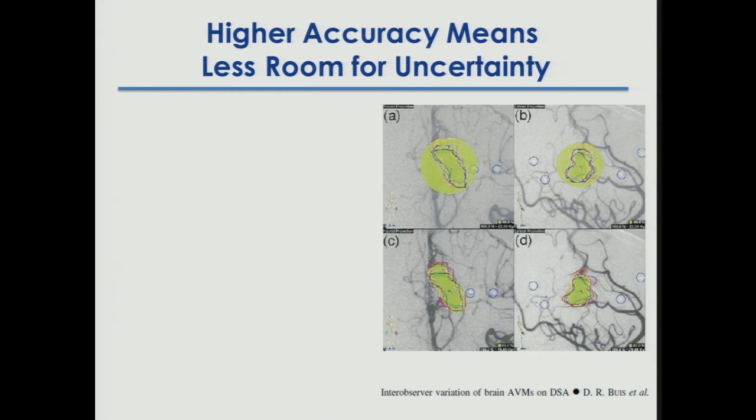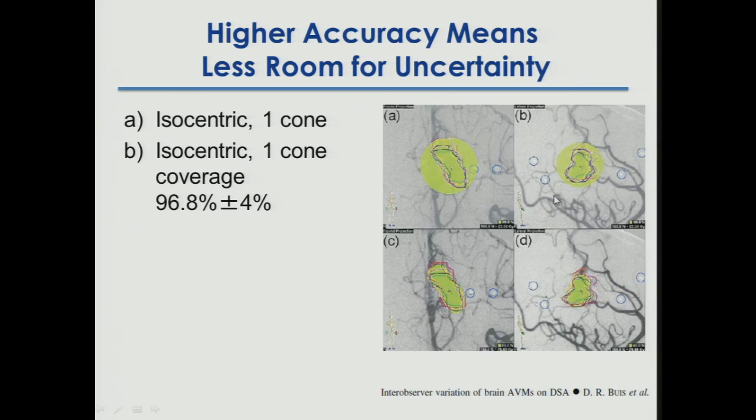Another thing that I hadn't thought about before I found this paper: the higher accuracy of delivery, all this effort we as physicists have poured in the last 10 years, actually means that we now have way less room for uncertainty. If you look at this image, this is again the contour of one of the AVMs. Image A is planned isocentric with one cone. B is also one cone, just from a different angle.